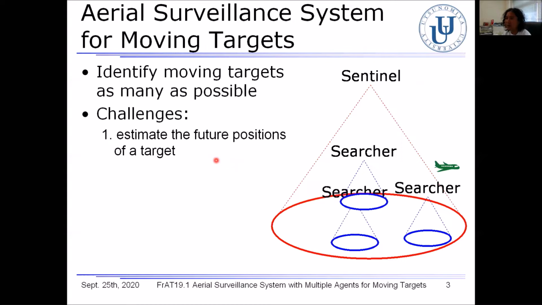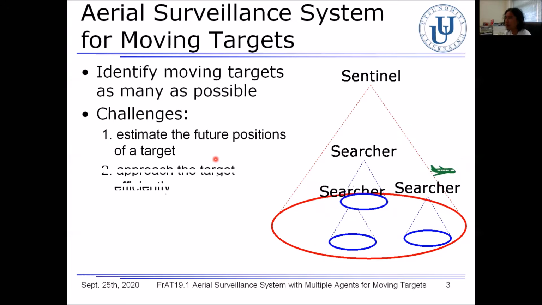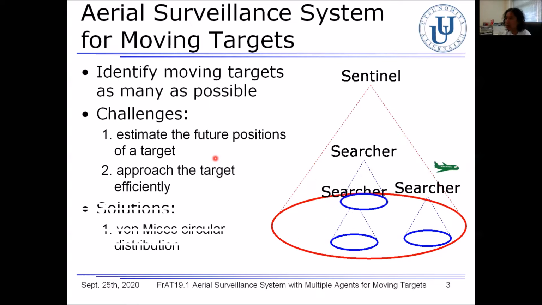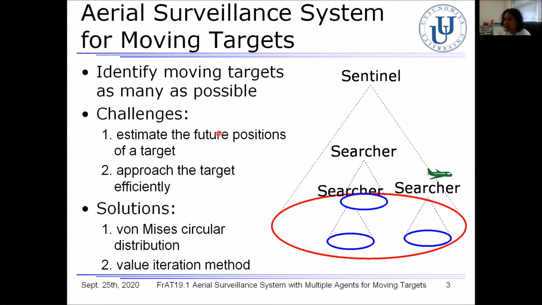First off, we have to estimate the future positions of a target. In addition, searchers are required to approach the target efficiently. For the first challenge, we use von Mises circular distribution, and for the second challenge, we use a value iteration method in order to optimize the approach behavior of searchers.